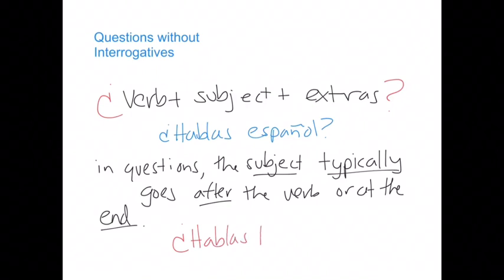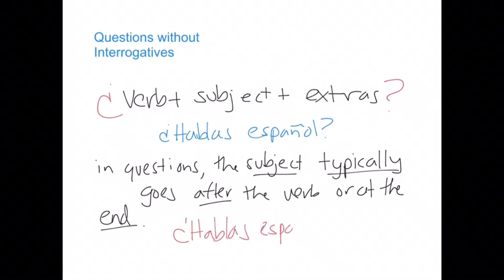So, ¿hablas tú español? Would be, do you speak Spanish? Or, ¿hablas español tú? Both of those are technically correct. Remember, you can leave out the tú if you want because our conjugation already tells us that you're talking to you.